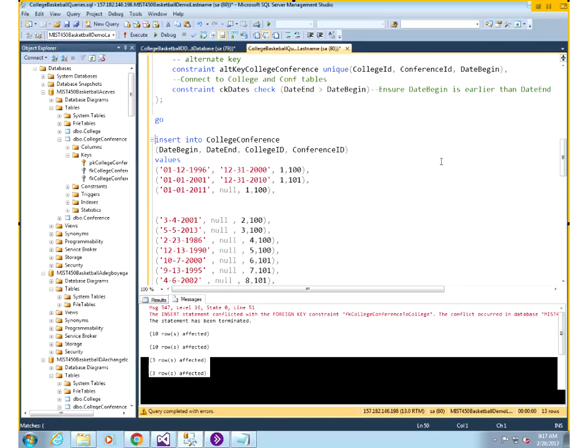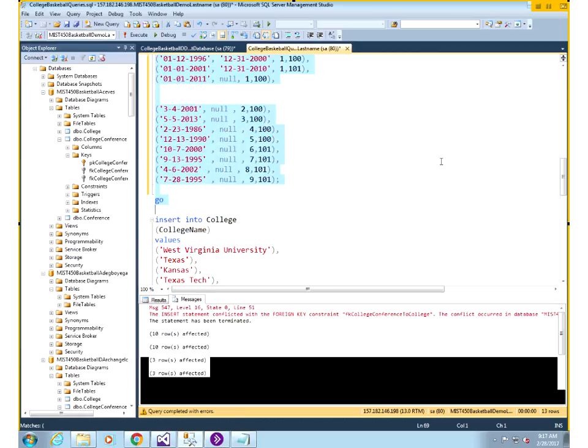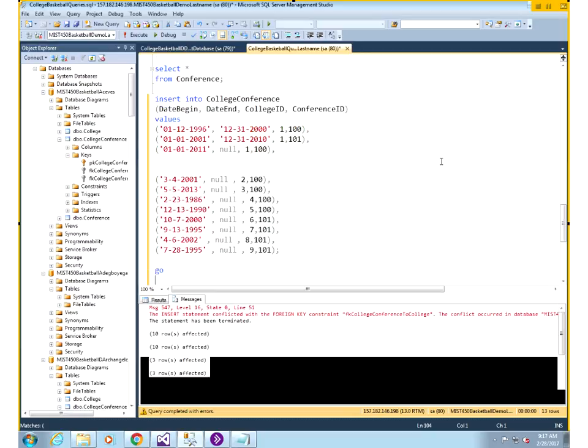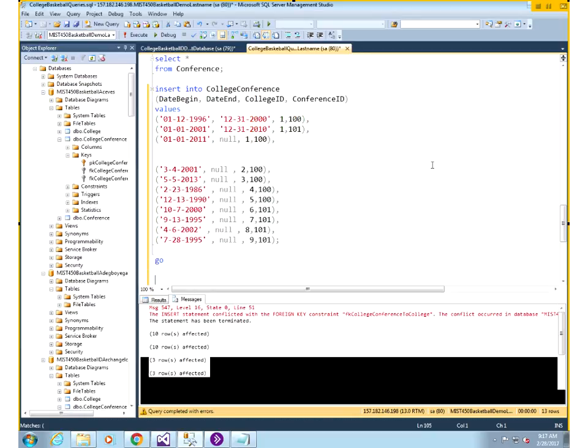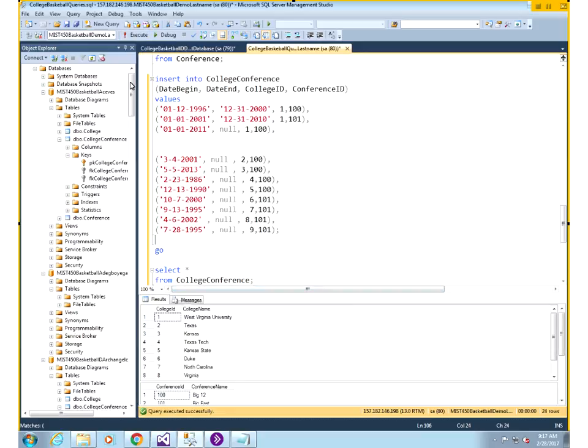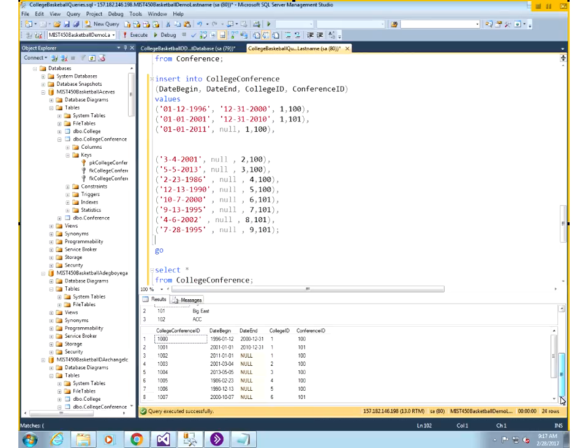The simple solution is I have to move it to after I insert into the other two. Select all from college conference. Okay, so now if I just run it, you can see it's going through generating data.